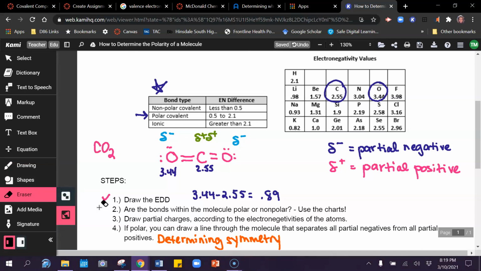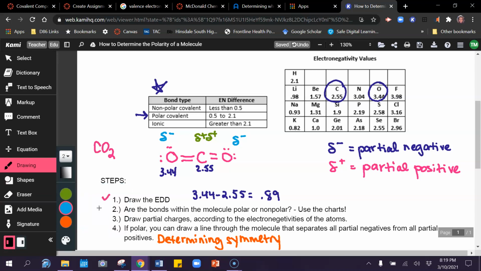And again, that's because this oxygen has a greater electronegativity value of 3.44. And so if you have a polar bond, you have to draw your partial negatives and positives. If your bonds are not polar, then you don't need to draw your negatives and positives. I'll get to an example of that after this. Let's finish this one though.